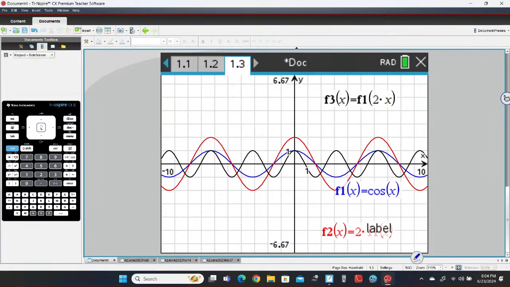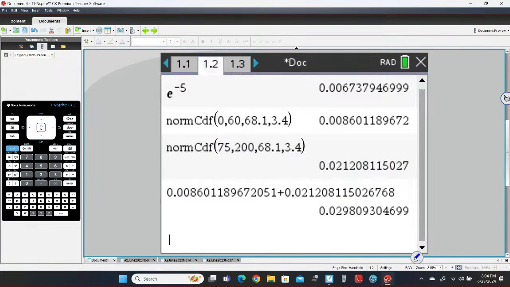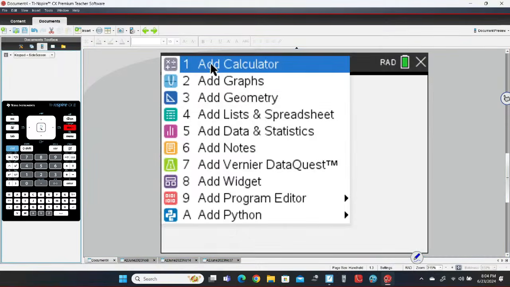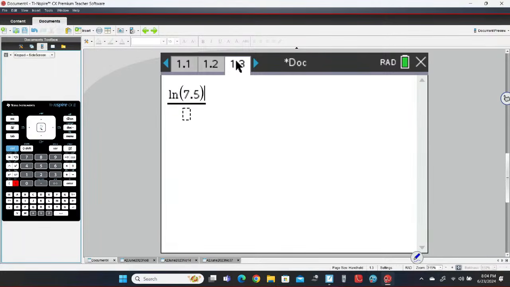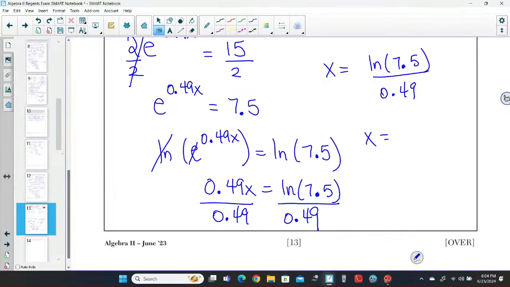All I have to do, let's go back maybe to here. Let me actually put a brand new page in just so we can have it. Calculator. Let's go here. We have the natural logarithm of 7.5 divided by 0.49. And there it is, 4.112046, etc. Be careful, right?